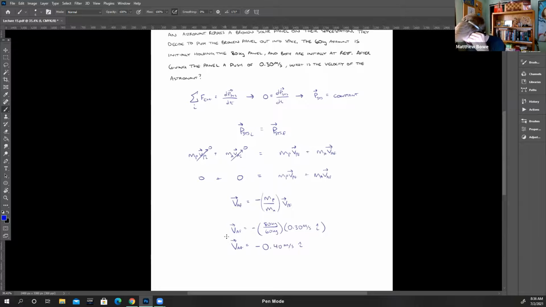All right. So this velocity is greater than the push of the panel. So the astronaut is moving faster in the opposite direction.